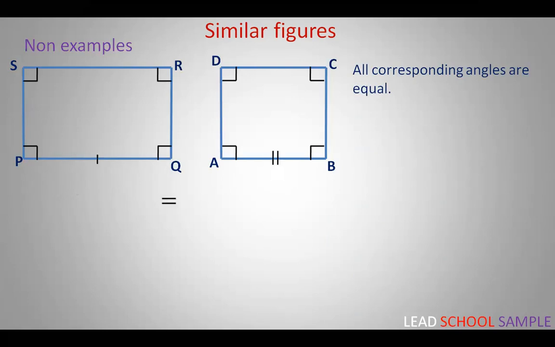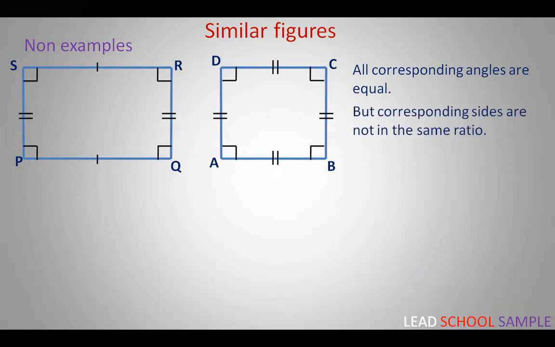Side ratios we'll see. Here QR and BC lengths are equal. So their ratio will be 1:1. But PQ length is more than AB length. So its ratio will not be 1:1. So here corresponding sides are not in the same ratio. So even though corresponding angles are equal, we can't declare that they are similar figures.